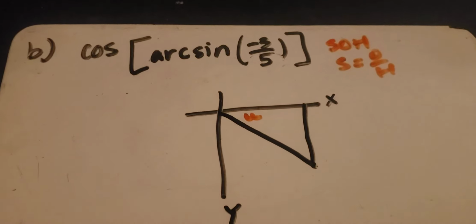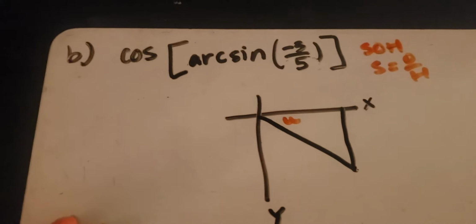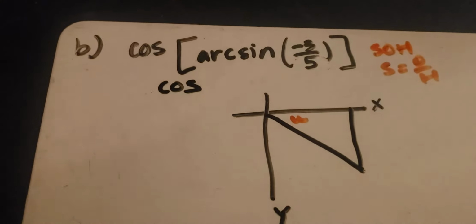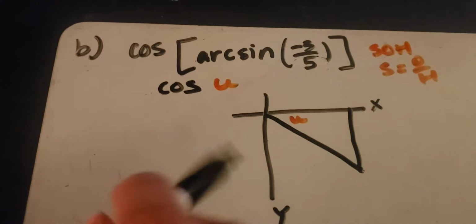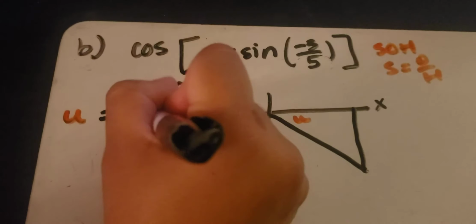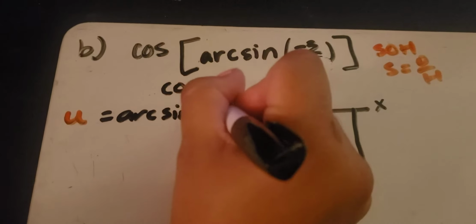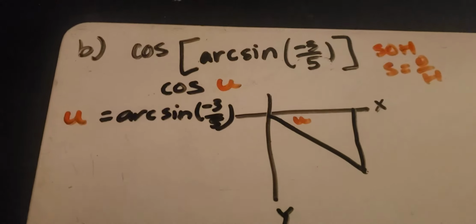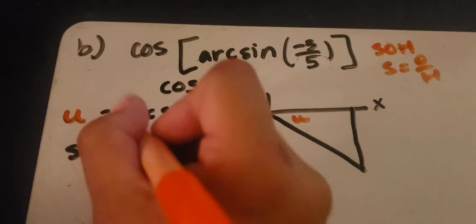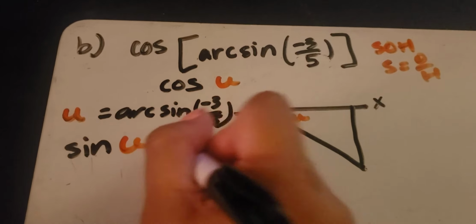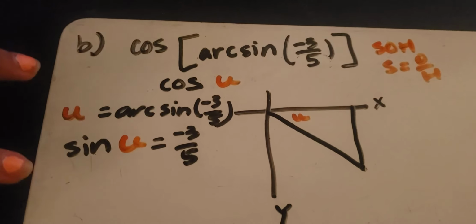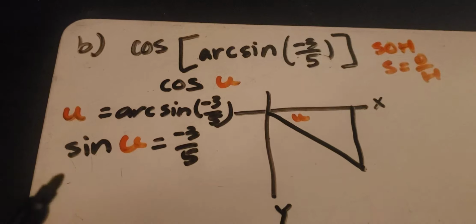Just to refresh your memory, I can write this as cosine u, and u is going to represent arc sine of -3 over 5. Or I can rewrite this as the sine of u, which is -3 over 5. I'm pretty much using the inverse properties that we learned in day 1.